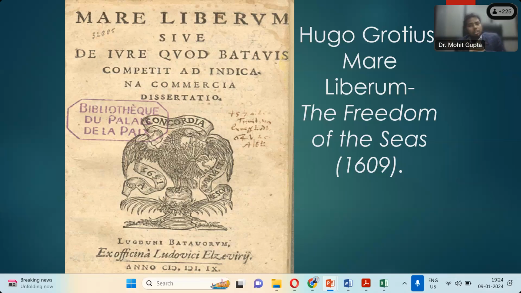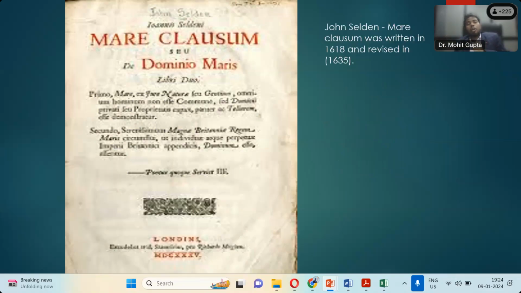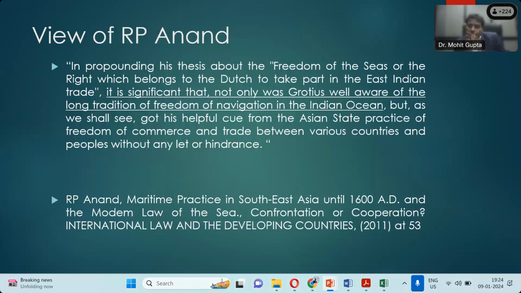For instance, there's a name, R.P. Anand. R.P. Anand is a renowned scholar when you talk about law of the sea rules and also international law. He was associated with Jawaharlal Nehru University, JNU. Now, R.P. Anand also talks about Hugo Grotius.